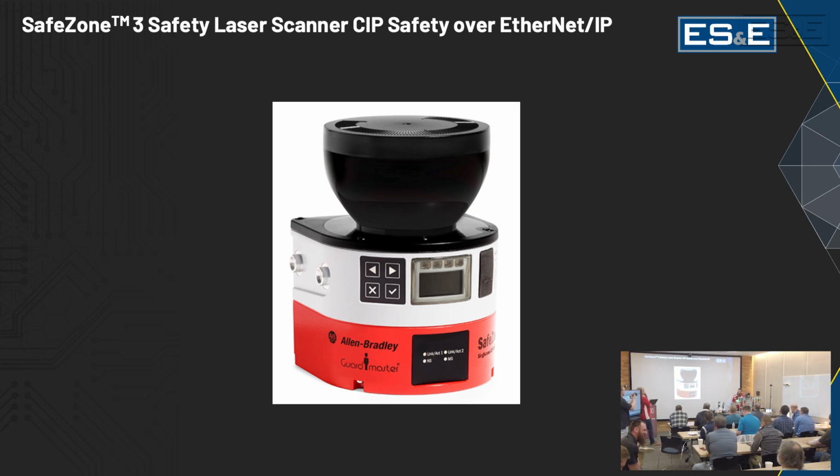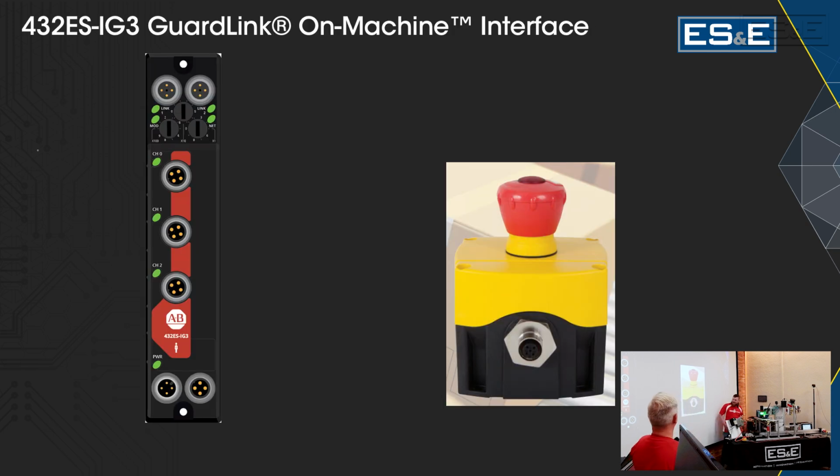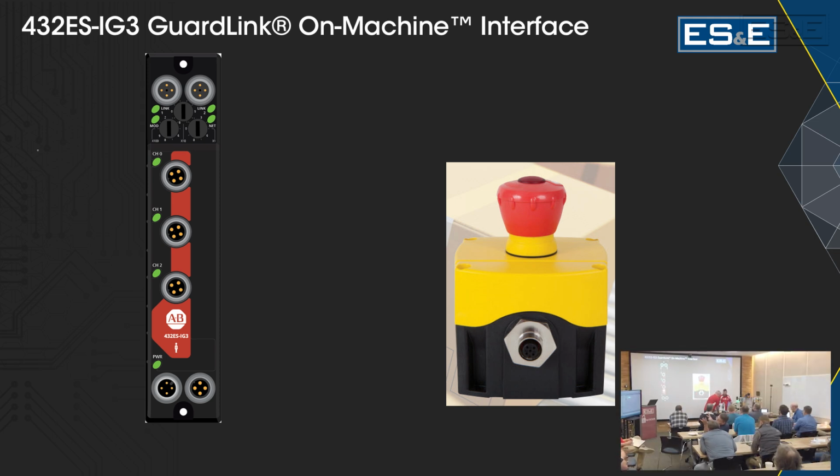As we move on, we've got our GuardLink series here, which currently has our e-stop. Not sure if you're familiar with GuardLink, but the way it operates, you'll have your end device, which comes to your tap, which then runs to your GuardLink module.